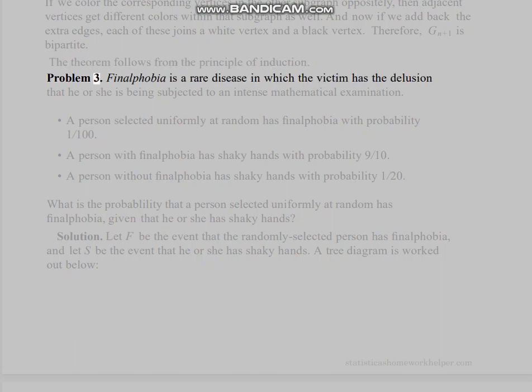Problem 3. Phinophobia is a rare disease in which the victim has the delusion that he or she is being subjected to an intense mathematical examination. A person selected uniformly at random has phinophobia with probability 1 out of 100. A person with phinophobia has shaky hands with probability 9/10.